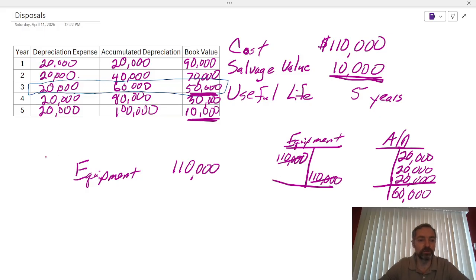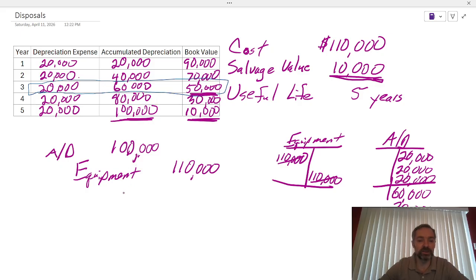We have to get rid of anything associated with it, which is the accumulated depreciation. At this point, the accumulated depreciation is $100,000. We added a couple more onto here, and so that got us to $100,000. So we need to get rid of that because that is associated with the equipment.